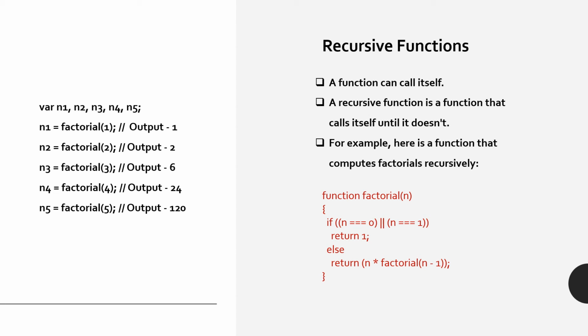In the case of 3, it will execute properly in the same way. 4, 5 and all are normal execution, it will keep on calling until it reaches the end, and at that time it will stop. This is about a recursive function. So these are the fundamental things about functions.